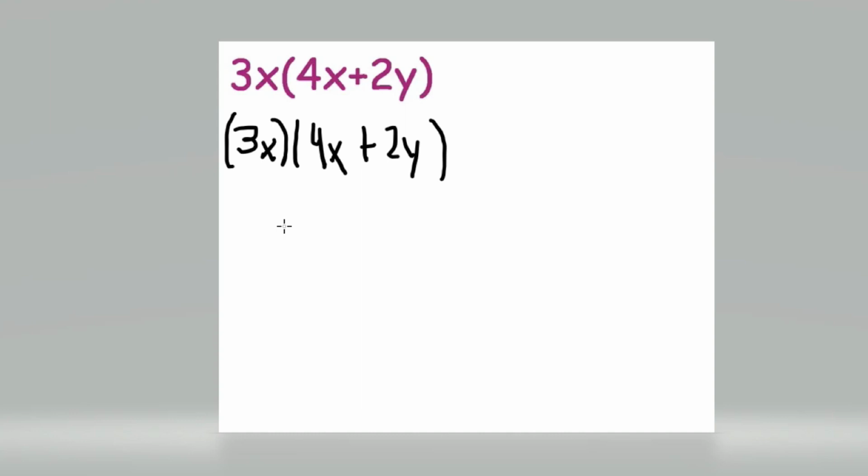So, for this first example, I will be teaching you how to expand this, then simplify the terms. So, for the expansion, I want you to think of expanding this way. So, ito ay isa lang ang term.